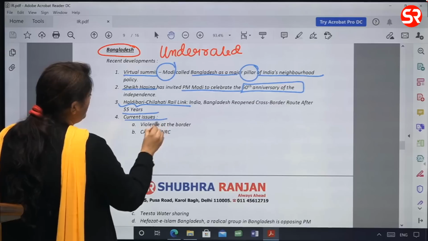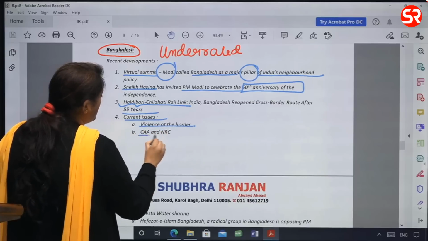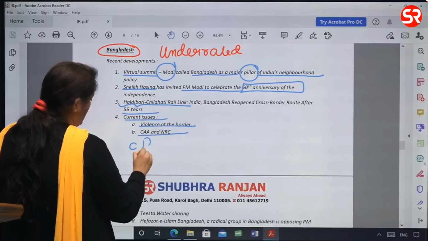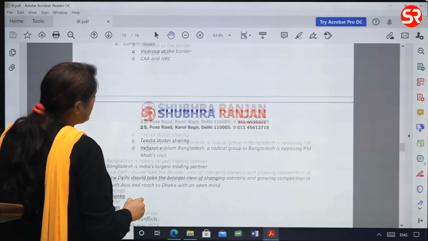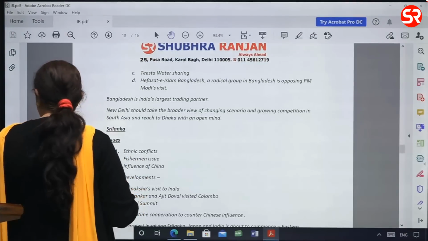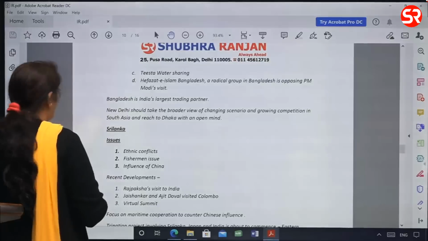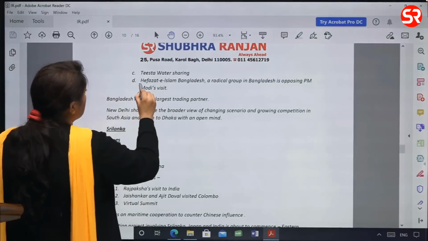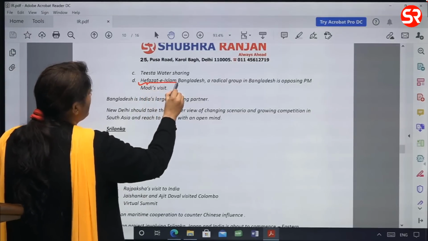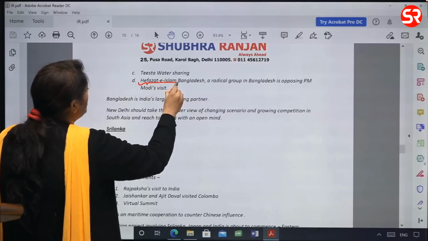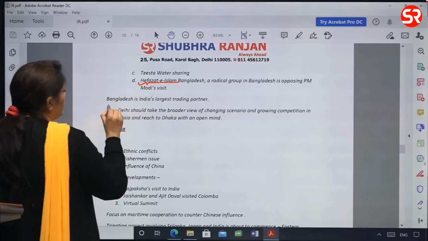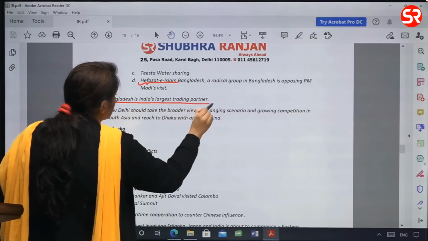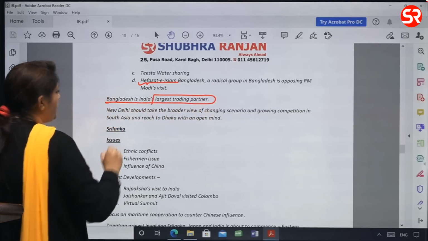The current issues: violence at the border, CAA, NRC, the Rohingya issue, the Tista water sharing issue, the radicalization of Bangladeshi society, like Hifazat-e-Islam, a radical group, opposing the visit of Prime Minister Modi. A certain fact is that Bangladesh is India's single largest trading partner.